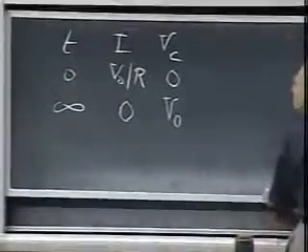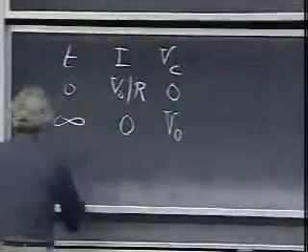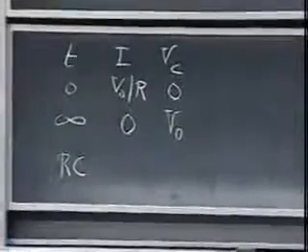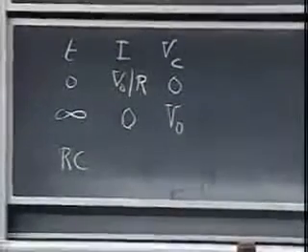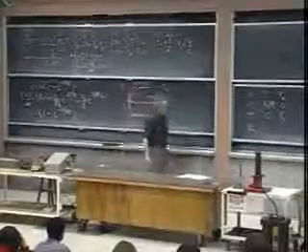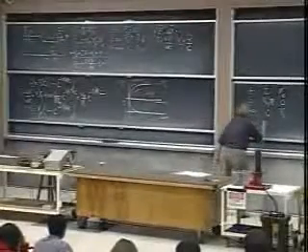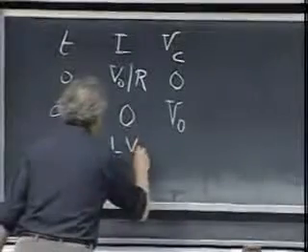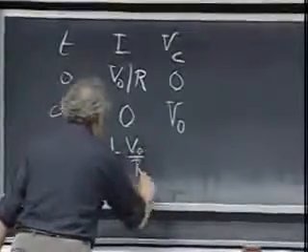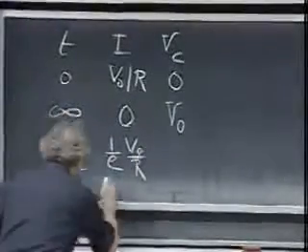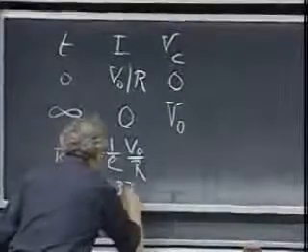If you wait a time RC, that's called the time constant of this circuit. In the case of the current, it's also called the decay time of the circuit. Then, of course, your current is 1 over e times V0 divided by R. And 1 over e is roughly 0.37.